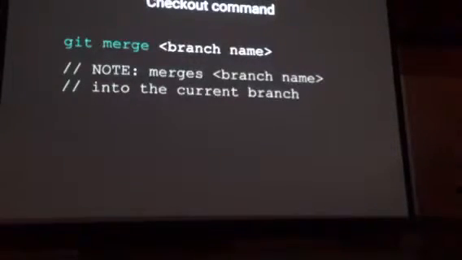Say I'm doing more and more development on dev, but for some reason I want to merge master into dev, then I would check out dev, which we'll cover later, and then git merge master. So this is a very important note, that it merges whatever the branch name is into your current branch.